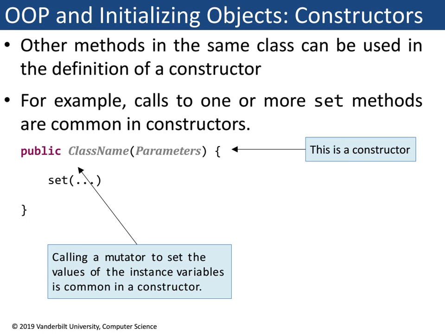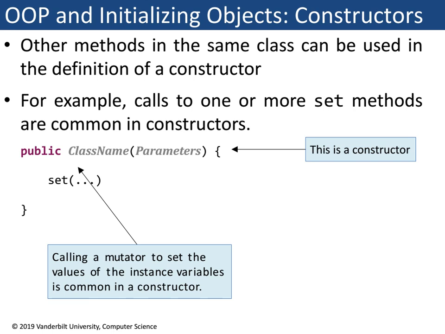And one helpful thing is that our methods, so our instance methods, which we have declared in our class, can be used in our constructor. So if we have some setGPA method in our student class, we can write a constructor for the student class, and inside that constructor we can call setGPA.